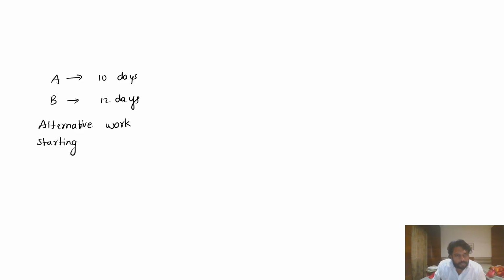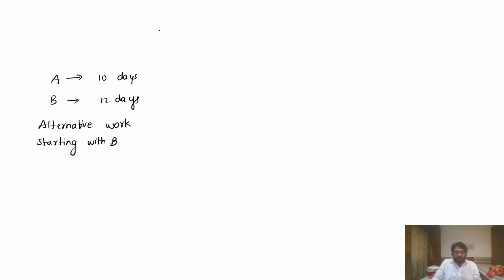Here it is mentioned A is capable of doing the work in 10 days, B in 12 days, and I'm writing the problem in a short format, guys. Alternative work only, starting with B. The process I follow is the same.